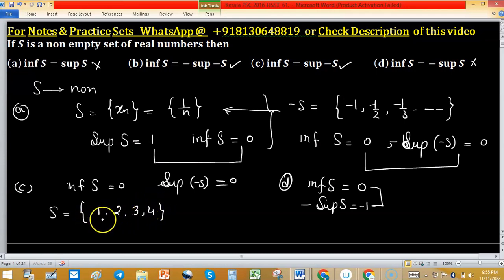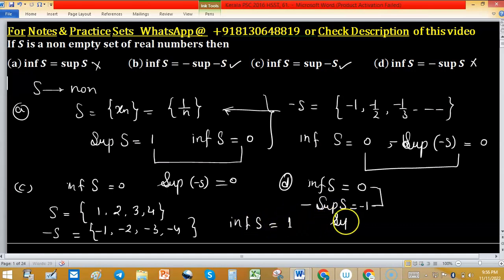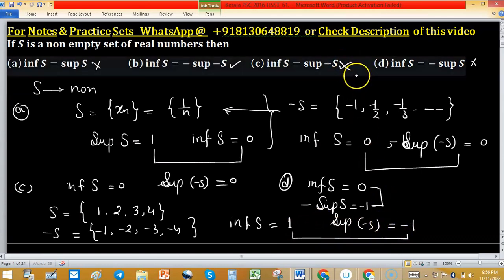There are 4 elements, and minus S as minus 1, minus 2, minus 3, minus 4. Now the infimum of S is 1, and the supremum of minus S is minus 1. Now you can observe both are not the same. Option C has been discarded. Now option B has been confirmed and it will be the right key.